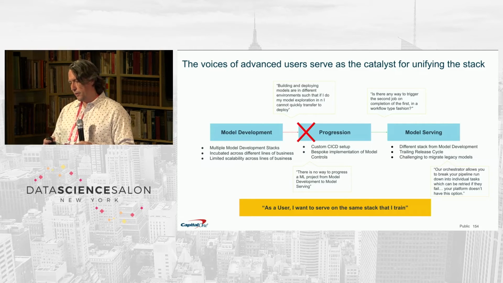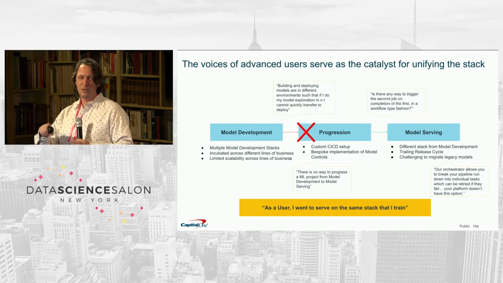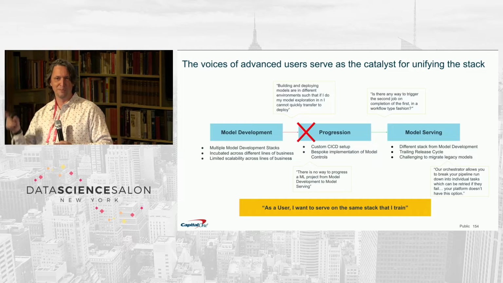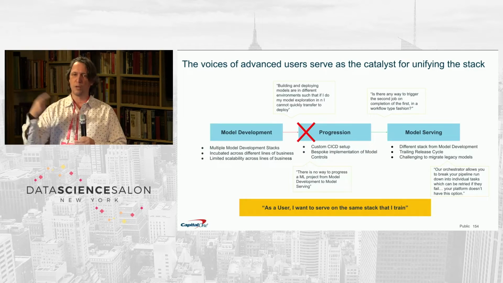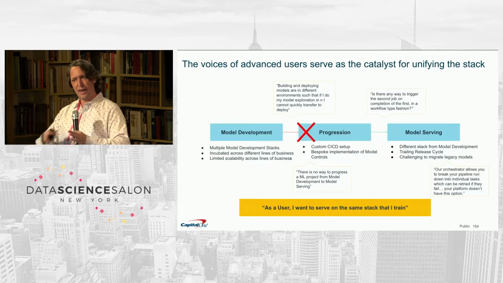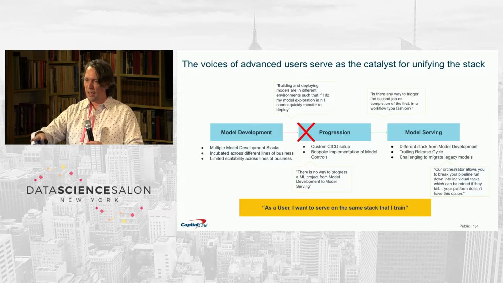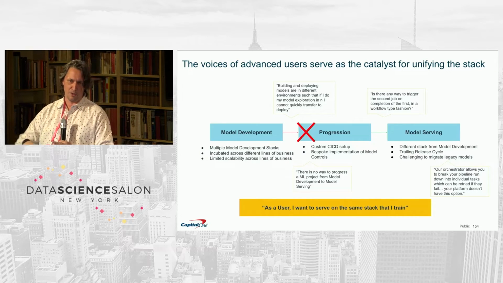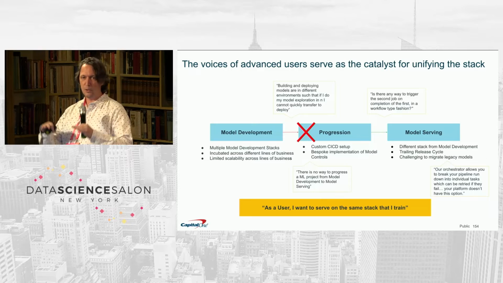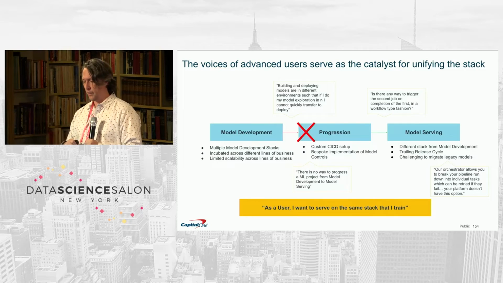And then on the serving side, the challenge is that you have a trailing release cycle, right? So if I have a unified stack, I will still have to work through my versions. So even if I have the same stack, I'm probably going to be updating my releases on the model development side before I start doing it on the serving side. And I need to make sure that I keep that well in sync.